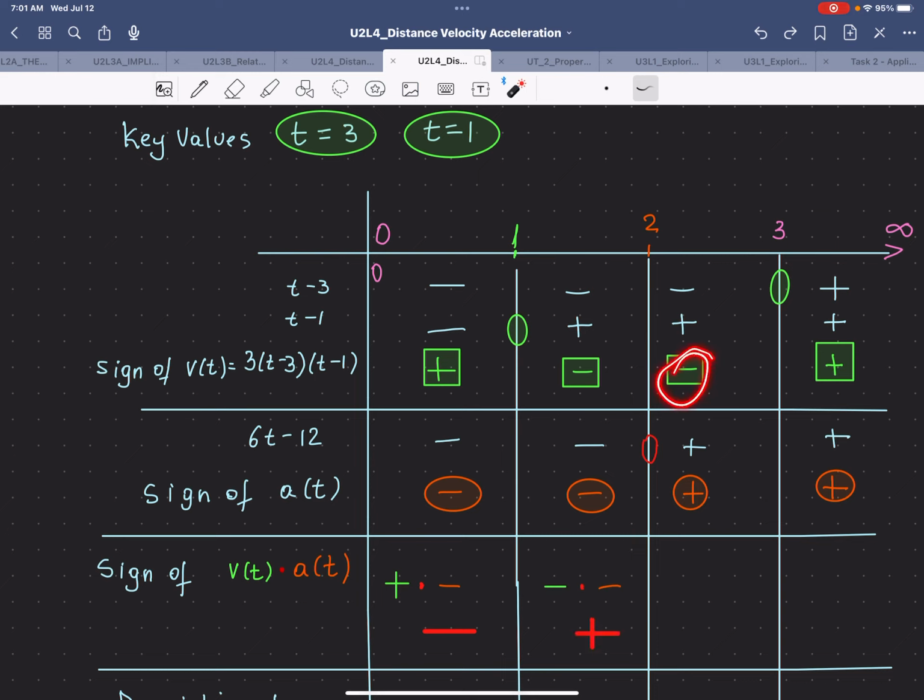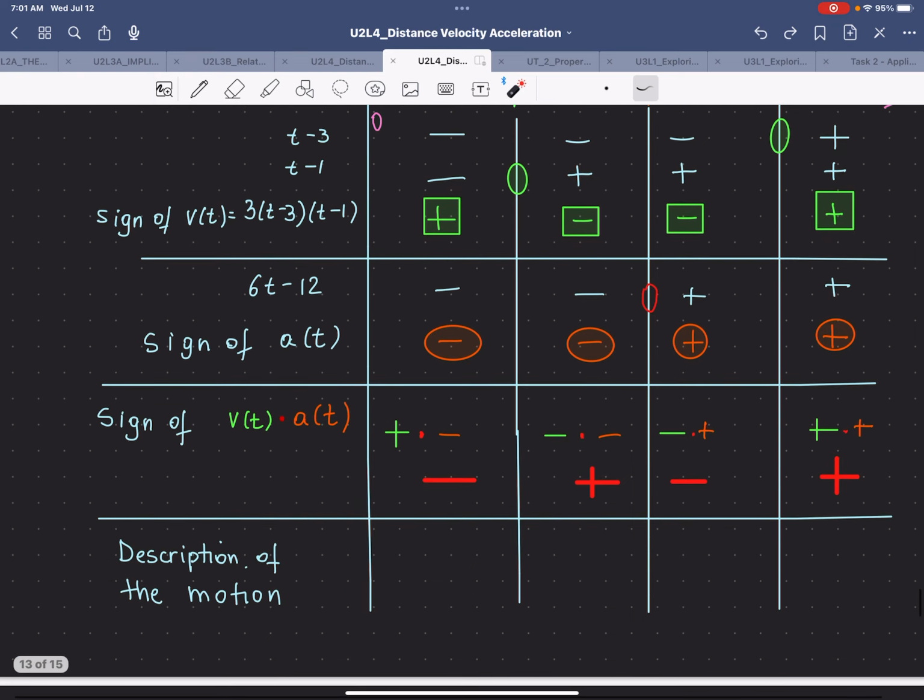Multiply a minus with a plus, we get another minus, and multiply two pluses, we get a plus. So remember that we said that if the product V(t)·A(t) is negative, the object is slowing down. If the product is positive, it's speeding up.